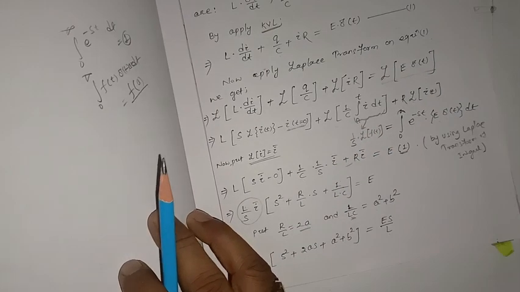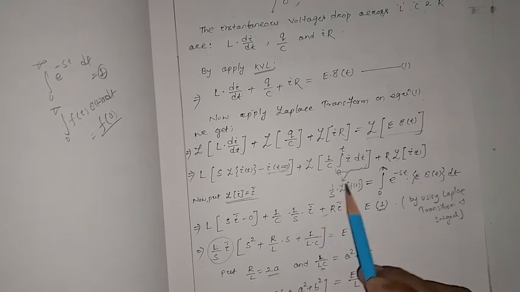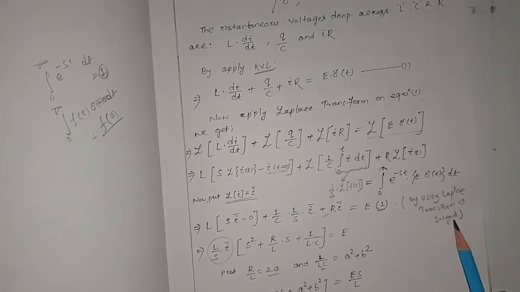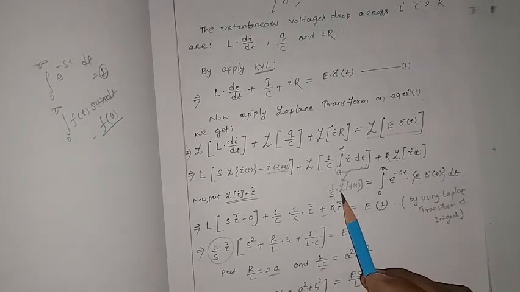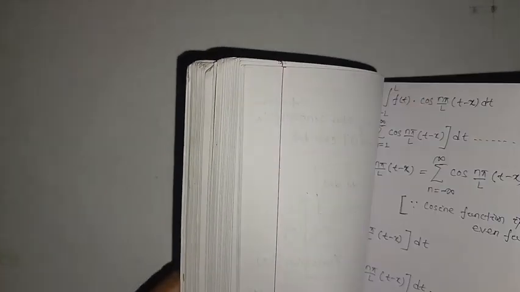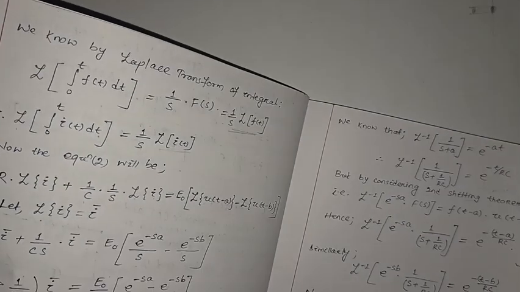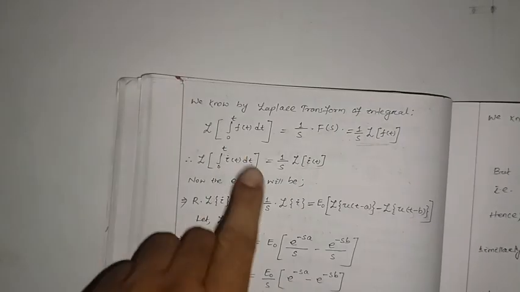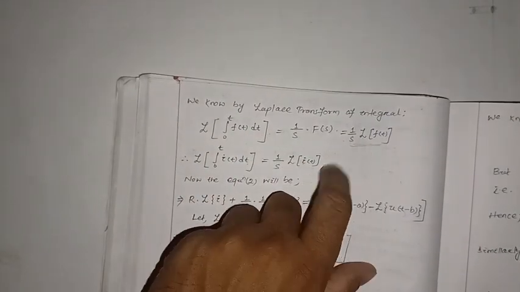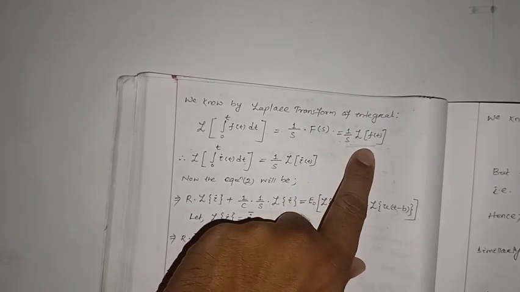we know that the Laplace transform of an integral is nothing but 1 by s times the Laplace transform of f of t, that we discussed in our last class, or previously also we discussed that the Laplace transform of the integral from 0 to t of f of t dt is 1 by s Laplace transform of f of t.